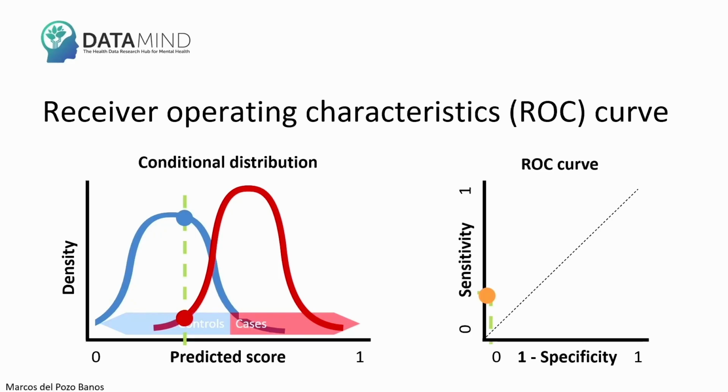Based on that, we get a value of sensitivity and a value of specificity that we can represent on the right-hand side on the ROC curve. We can try another value of the threshold, and that will give us a different point on the ROC curve. And if we do this for all the possible values of the threshold on the predicted score, we end up building the full ROC curve.